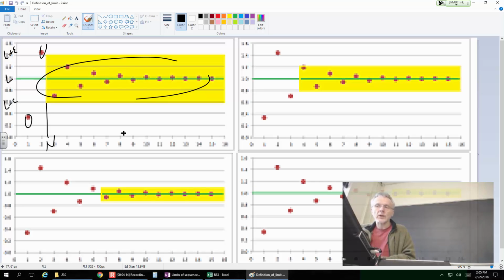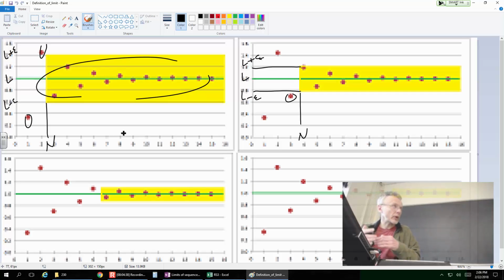So that's the first stage. Then I keep making epsilon smaller, so the next stage is this: L minus epsilon, L plus epsilon, and this is still L. As you can see, some of those do not fit anymore. For example, this one used to fit into the previous band, and now the band is too narrow, so I have to move. The goalpost has been moved, and therefore our n has to also move, and as you can see, I have to progress n to the next one. So the narrower the epsilon, the larger the n.